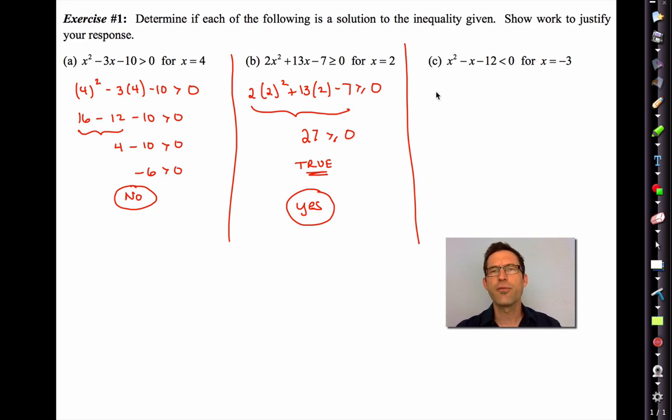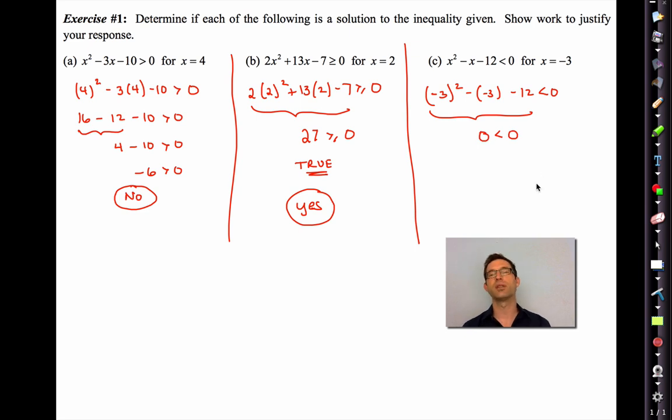Now, if you put negative 3 into this one, negative 3 squared minus negative 3 minus 12 is less than 0, and you evaluate all of this, what you find is 0. Now, this can throw students off. 0 is less than 0. Well, is it? And the answer is no, it's not, right? That's a false statement. A number cannot be less than itself.